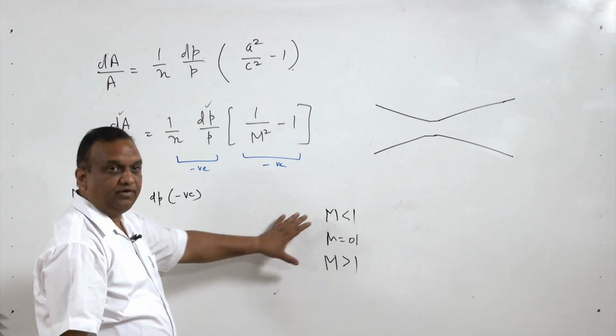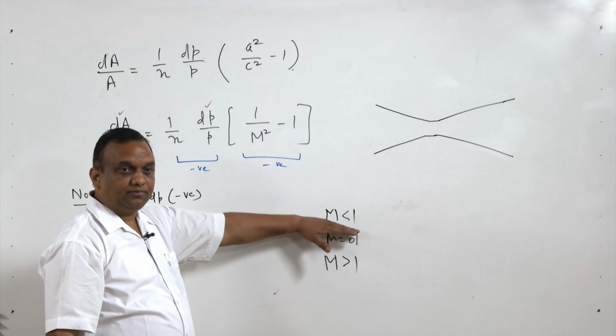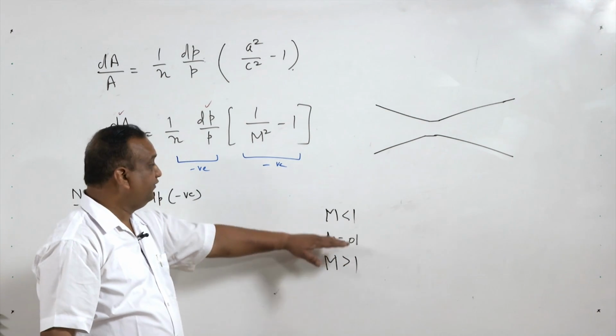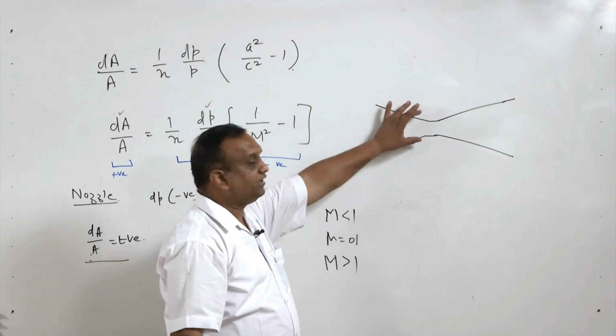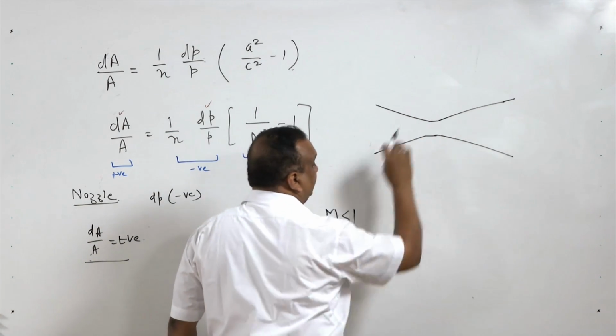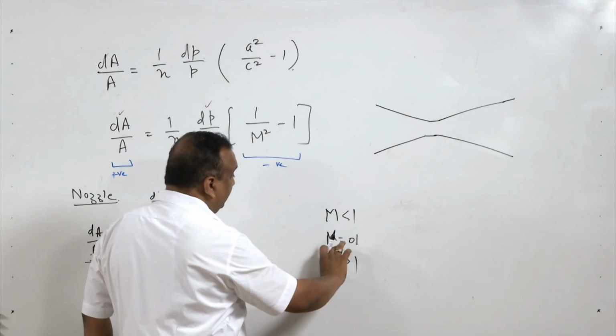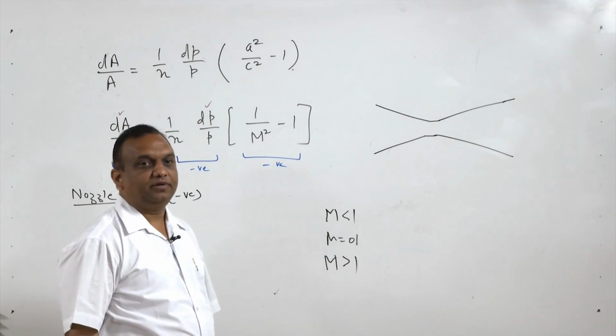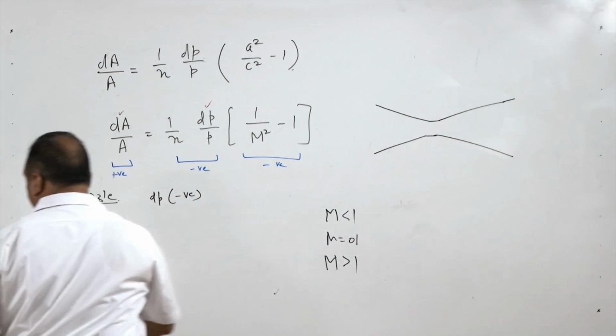So there are three cases we have discussed: when velocity is subsonic, sonic, and supersonic. When the steam velocity is subsonic, the passage is converging. When steam velocity is sonic, there is no change in the cross section area. When the velocity is supersonic, the passage will become divergent, and this is a very interesting situation.